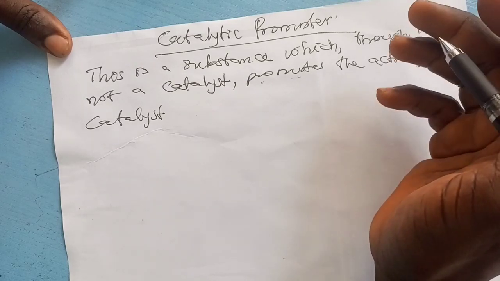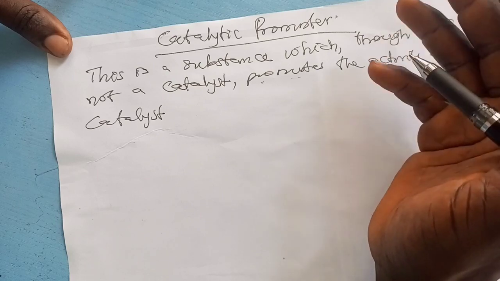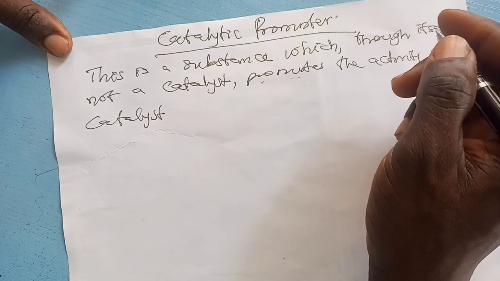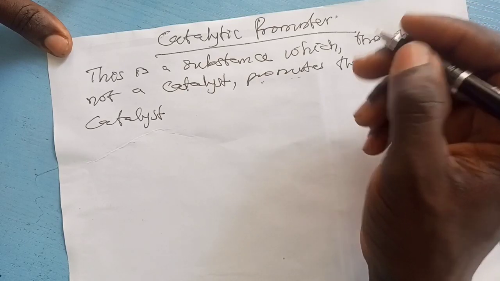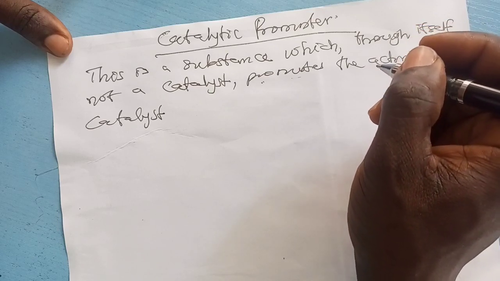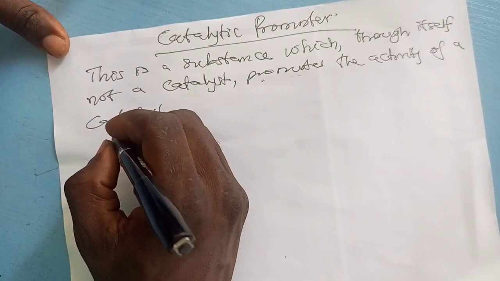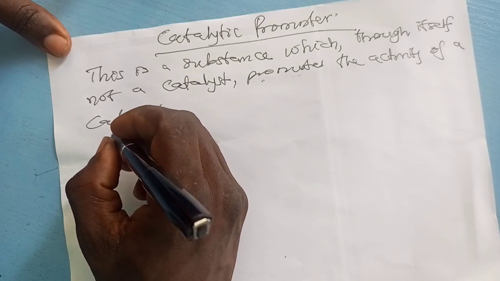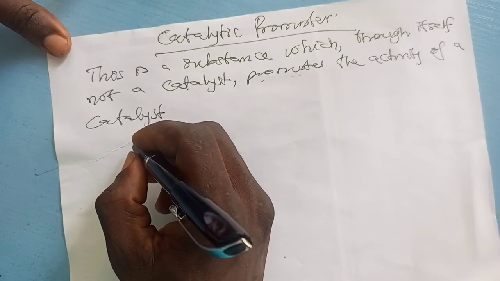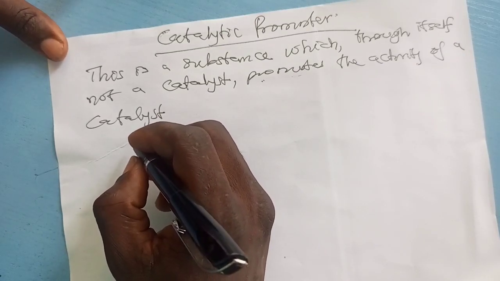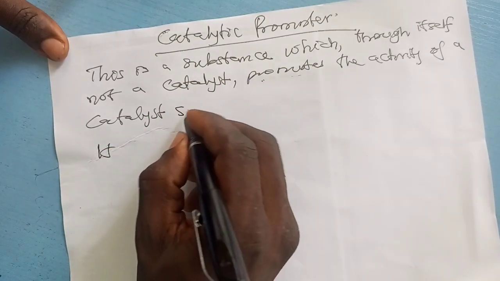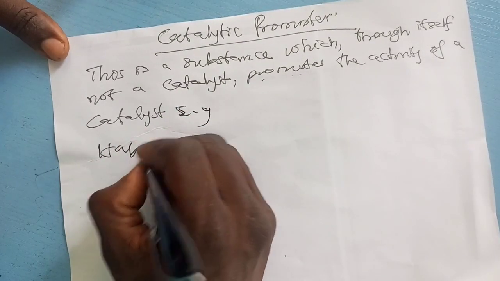So if you have a catalyst that is weak, for example, in the reaction, you can just put a small promoter and you see that the rate of reaction will be very, very fast. So I'm going to give you an example here: molybdenum. Molybdenum is an example of a promoter, especially in the manufacture of ammonia in Haber process.